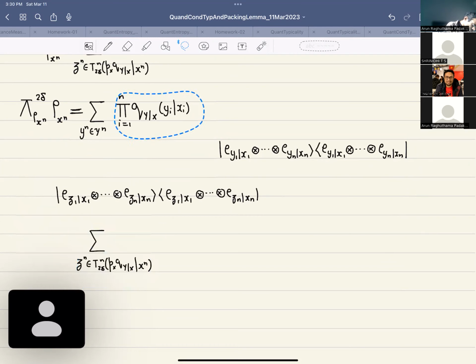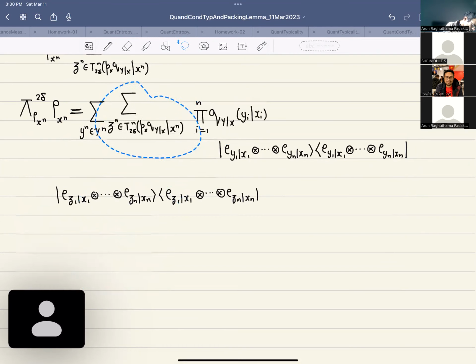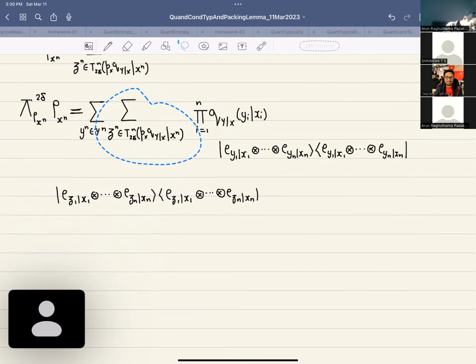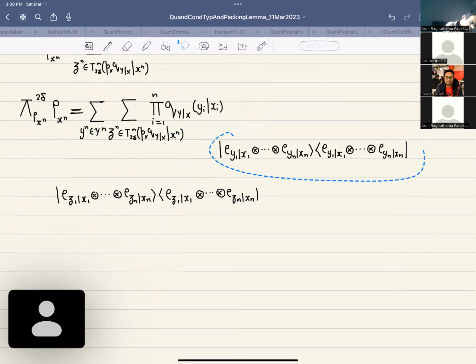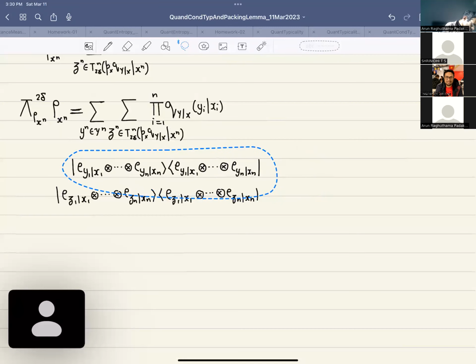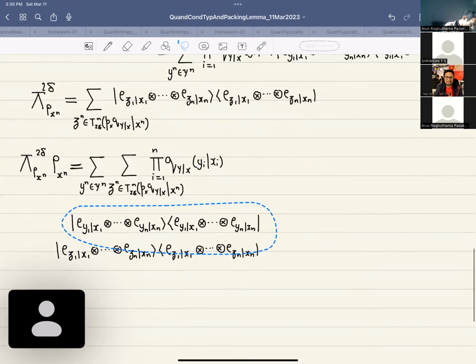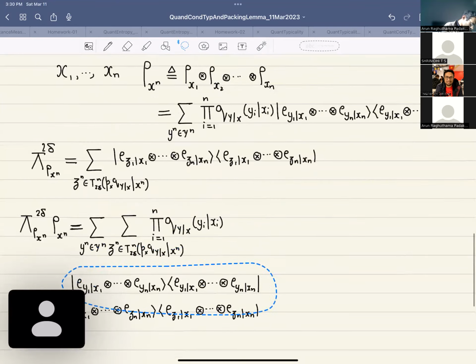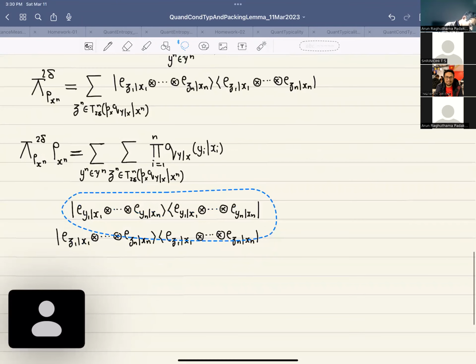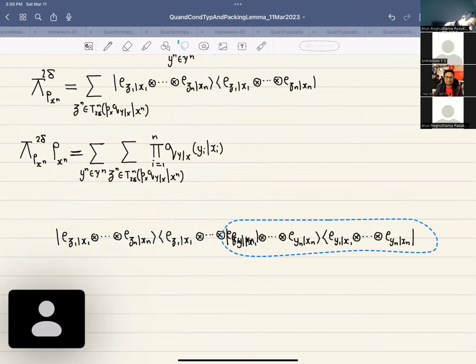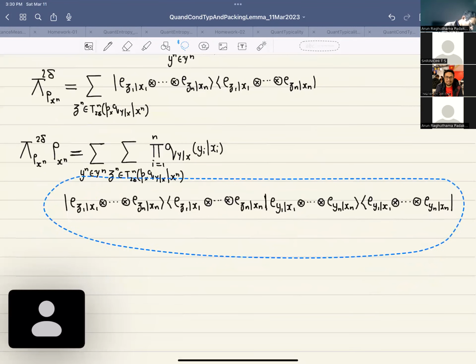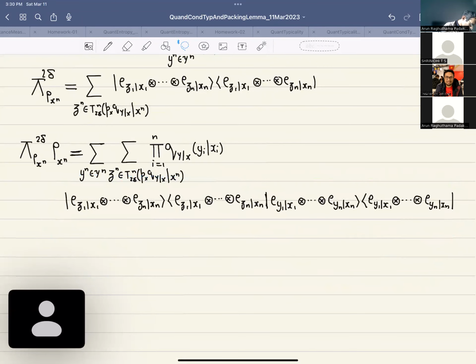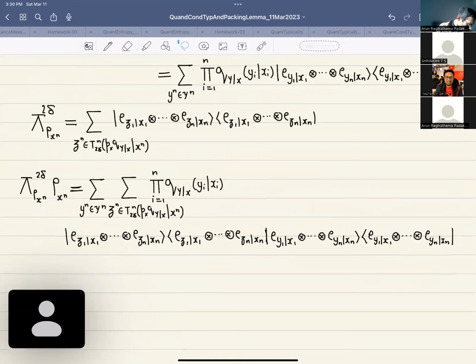I can pull the sum together. So I have something like this. I am not interchanging the operator. To be careful, the operator should not get interchanged. So this has to come to the right. Okay, this is what it is, because I've used z for pi and y for rho.